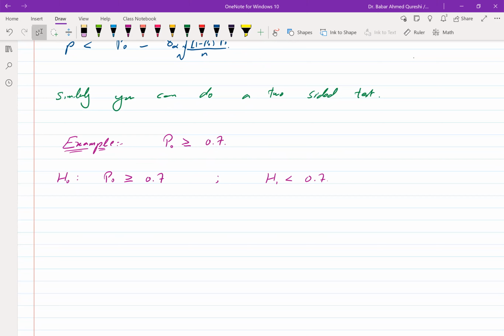And you want to test it with a certain significance, let's say significance alpha is 0.5.